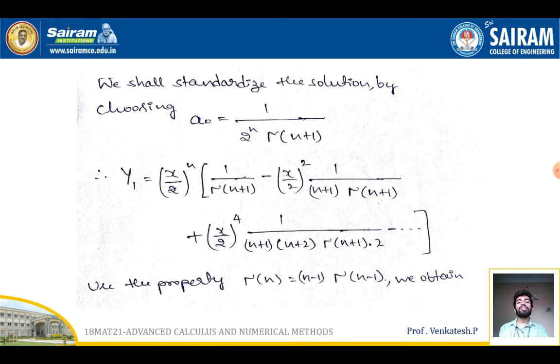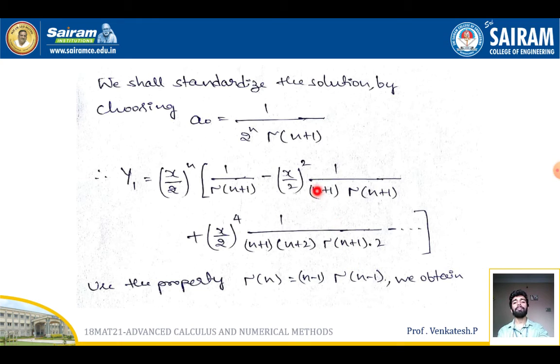So now we shall standardize the solution by choosing a0 is equal to 1 by 2 power n gamma of n plus 1. So in the previous solution in y1 and y2, I am going to replace the value of a0 with 1 by 2 power n gamma of n plus 1, only for the purpose of making the equation very standard. If I replace this value of a0 in the y1 equation, I'll get x by 2 whole power n 1 by gamma of n plus 1 minus x by 2 whole square 1 by n plus 1 into gamma of n plus 1 plus x by 2 whole power 4 1 by n plus 1 n plus 2 into gamma of n plus 1.